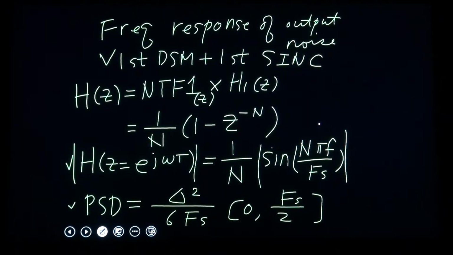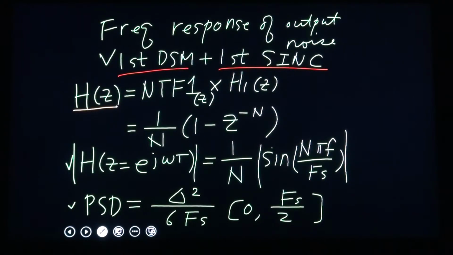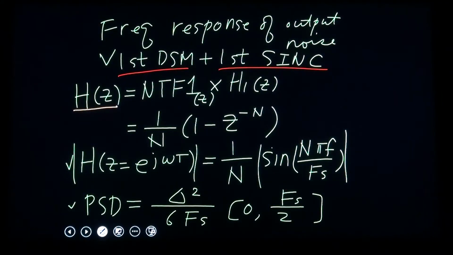So let's look at the frequency response of the output noise. We have a first order DSM followed by a first order sinc filter. The transfer function of the entire system is just this one.